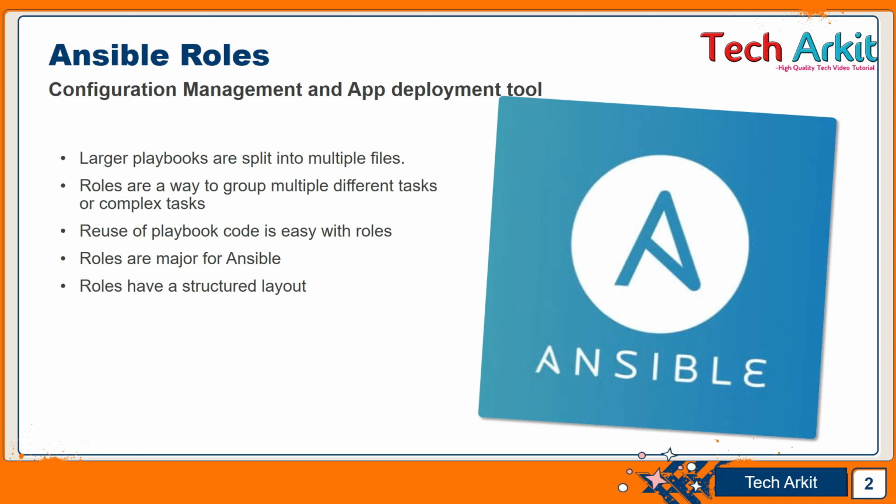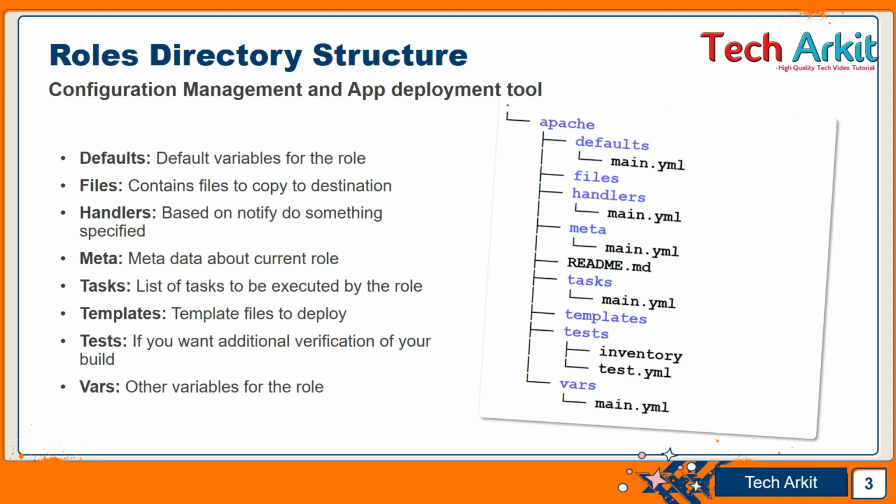Roles are a major thing in Ansible. Roles have a structured layout, and we have to place things accordingly. Whenever you create a role, for example the role called Apache here, it has a default directory structure.